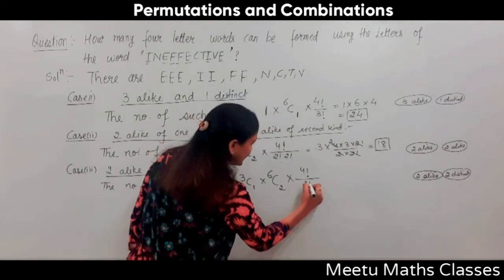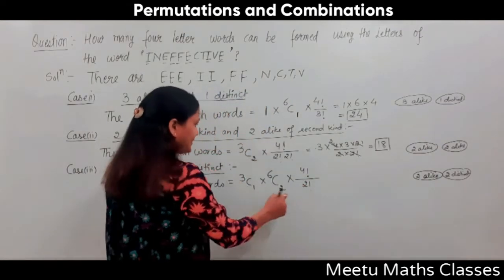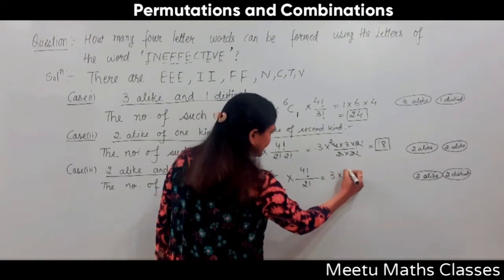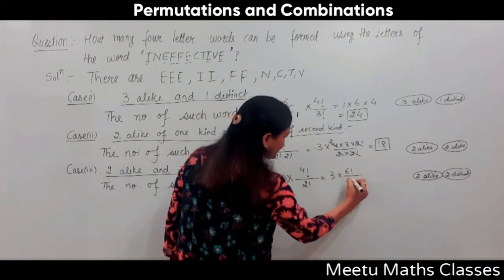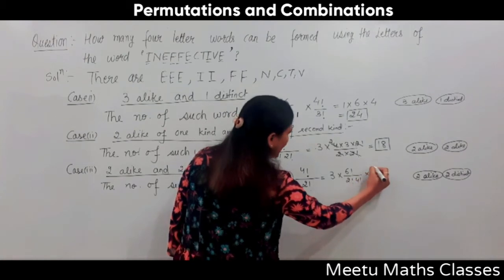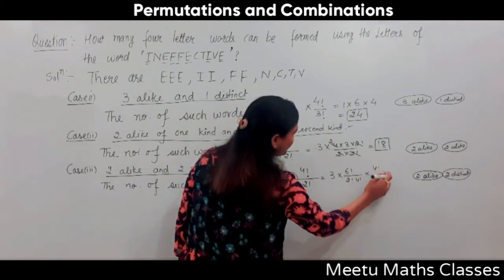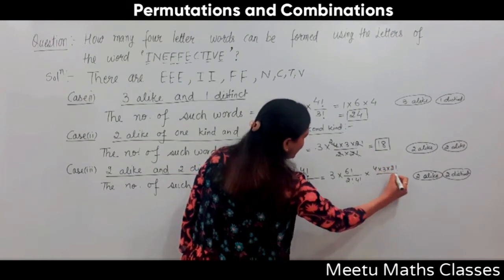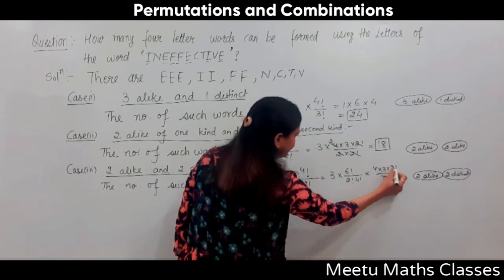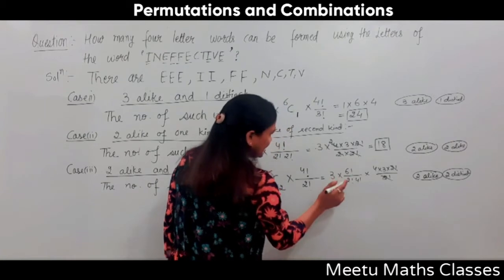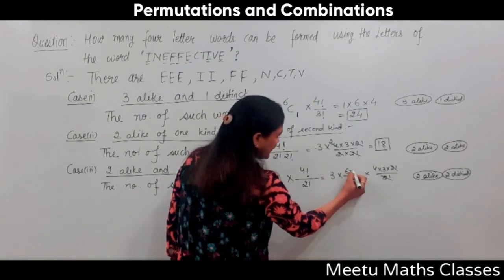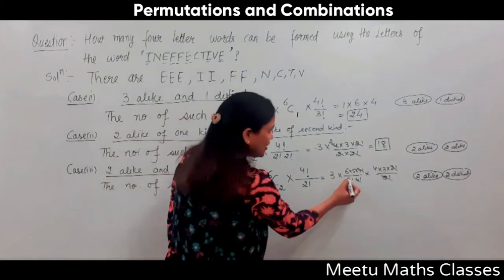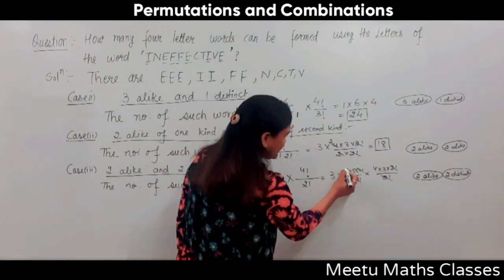So it will be equal to 3C1 is 3, 6C2 is 6 factorial upon 2 factorial 4 factorial, and 4 factorial over 2 factorial is 4 into 3, and this can be written as 6 into 5 into 4 factorial, 4 factorial will cancel out, and this will be 3.